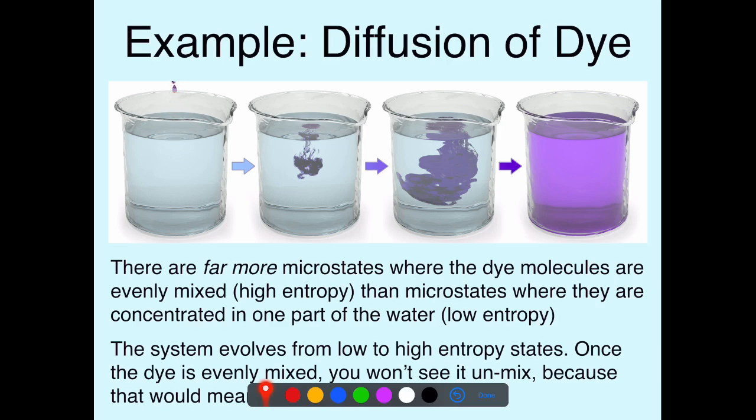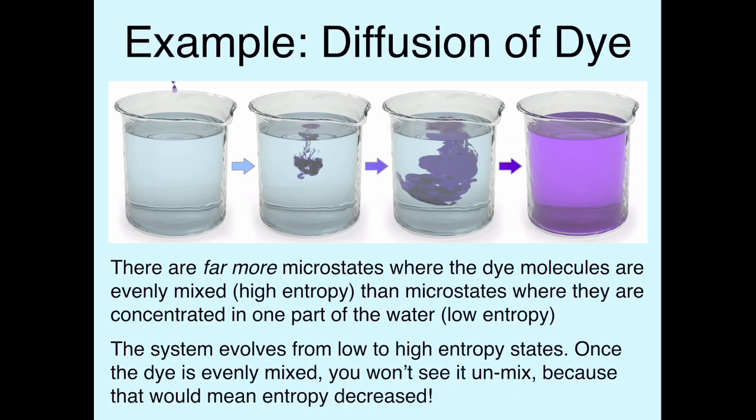And we know what happens over time. As time goes on, the dye starts to mix in with the water. It goes from being all concentrated here, it diffuses out a little bit, and then over time it becomes more mixed in until it's perfectly evenly mixed with the water. So this is the final state that we expect to see.